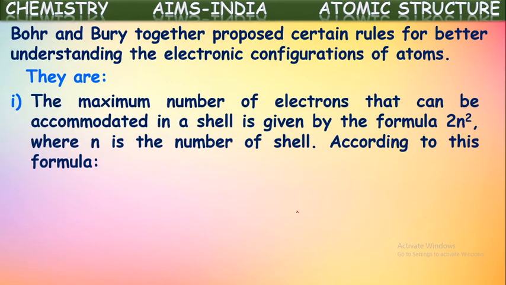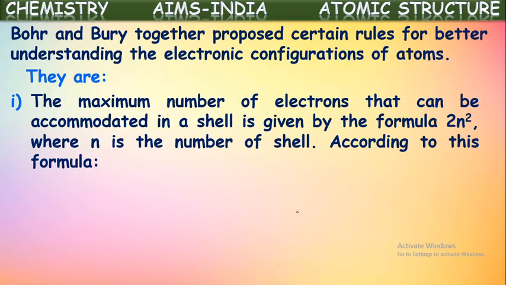First one: the maximum number of electrons that can be accommodated in a shell is given by the formula 2n square, where n is the number of the shell. Here the maximum number of electrons that can be accommodated in an orbit is given by the formula 2n², where n represents the number of that shell.